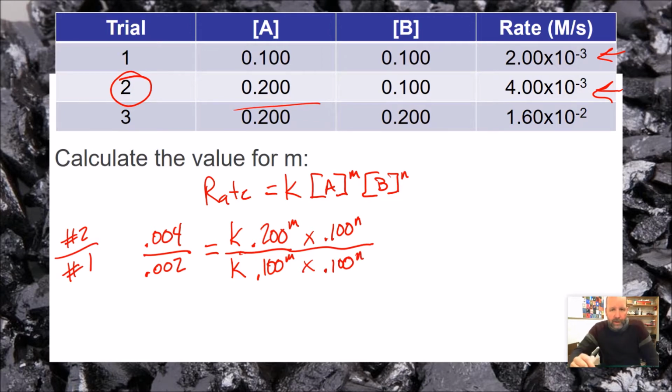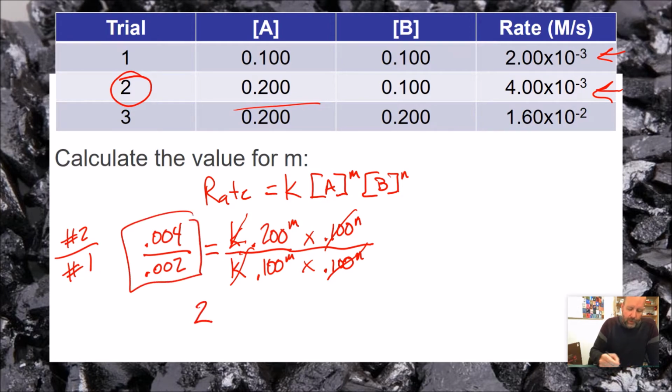So you can see right away a bunch of stuff is going to go away. So this cancels, that cancels, and we're left with basically 2, because this is going to be 2, equals, now I've got 0.200 raised to the m over 0.100 raised to the m. Now I can undo this by, it's basically the reverse of what? The distributive.